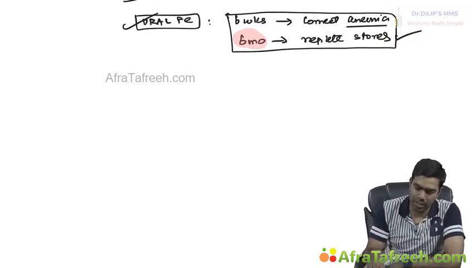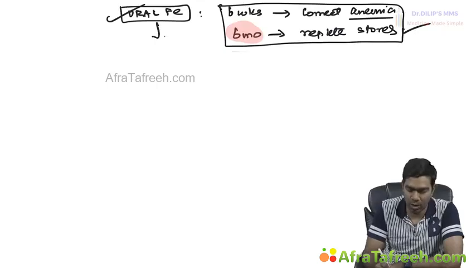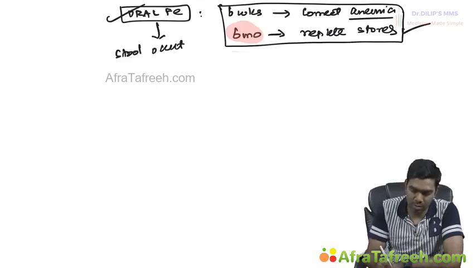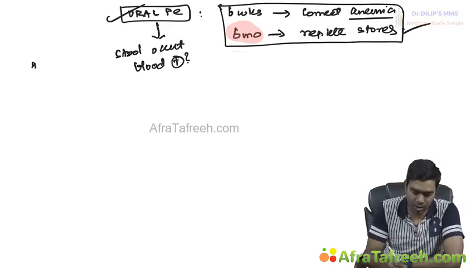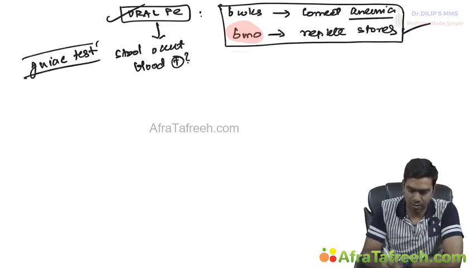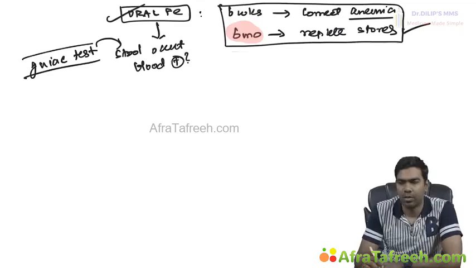A lot of people do ask me, will taking oral iron cause stool occult blood to be positive? Will the stool occult blood be positive just because you take oral iron? There is something called the guaiac test, which tests for stool occult blood and is based on the principle of detection of heme in the stools.